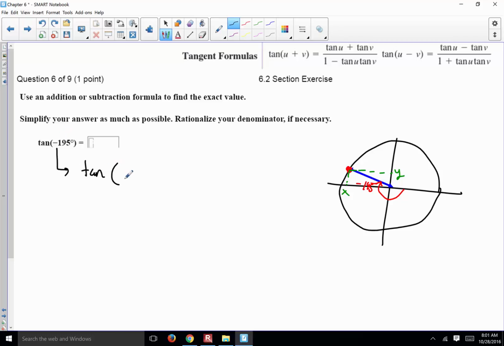For example, what is the period of tangent? It starts repeating the same value after how far? Is it 2 pi? What was the period of tangent? Madison, what was it? Pi. So can I add a pi to it, or 180? It's gonna be still the same.